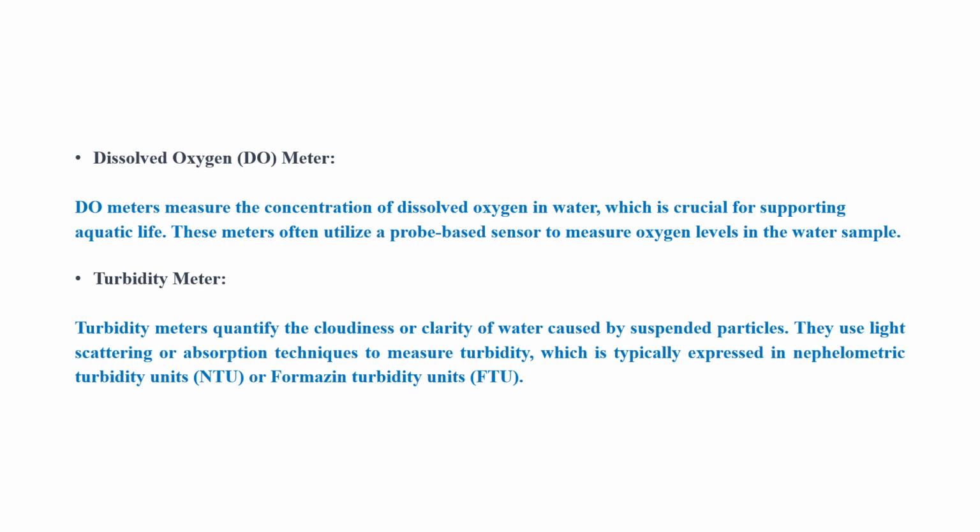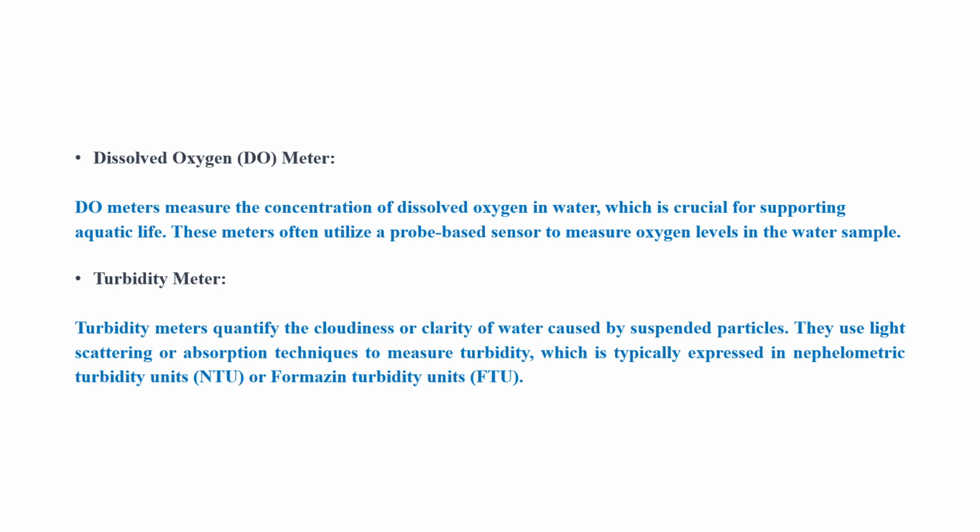Next is the turbidity meter. We know very well it is a popular tool. Normally this is measured with nephelometers. These nephelometers emit light and measure the amount of light scattered by the particles in the sample.